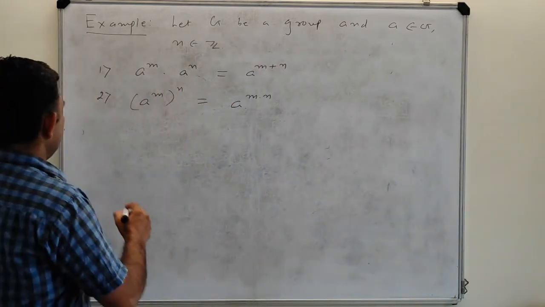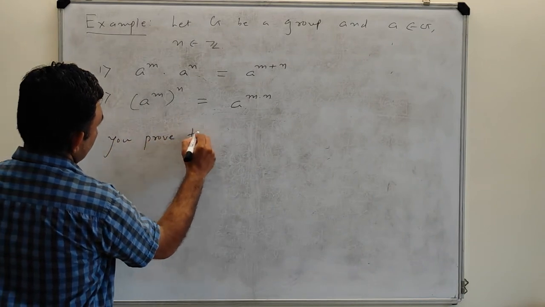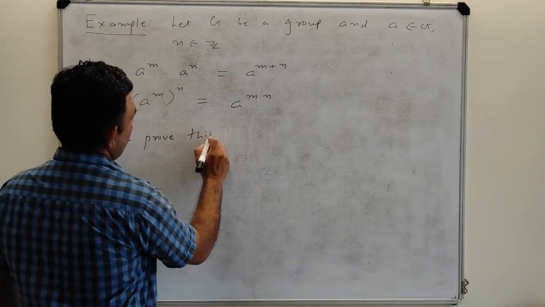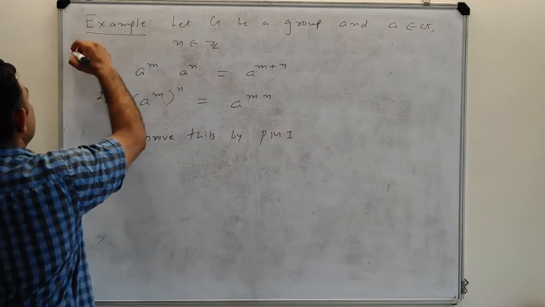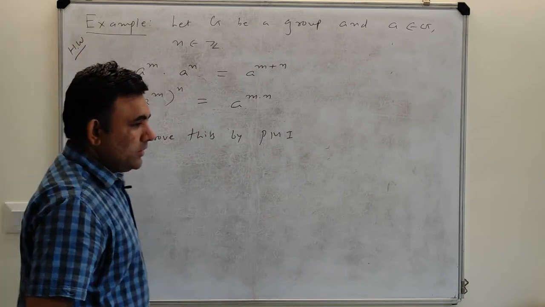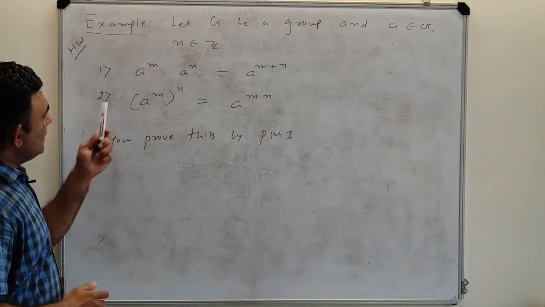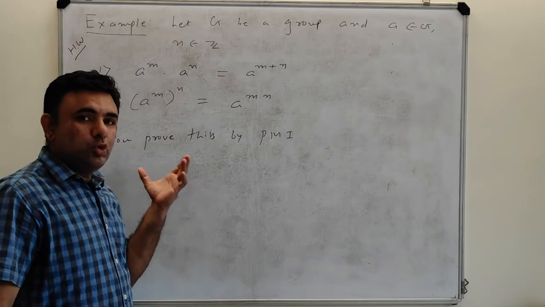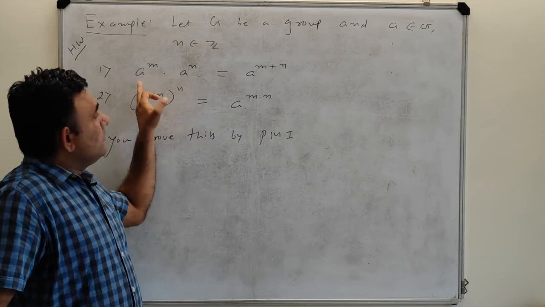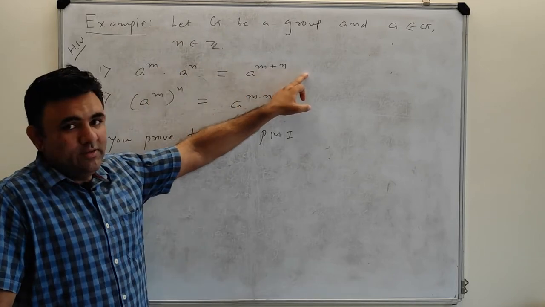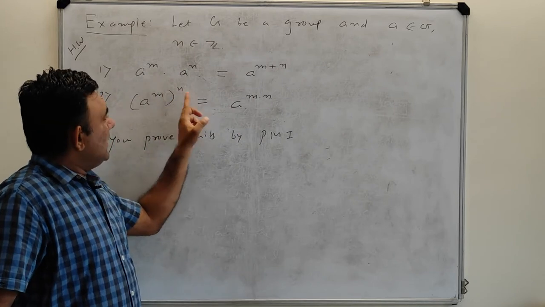So I give this problem as homework. You use principle of mathematical induction. It is similar to our school level algebra: if your base is the same, then indices will be added, and power to the power, then powers get multiplied.